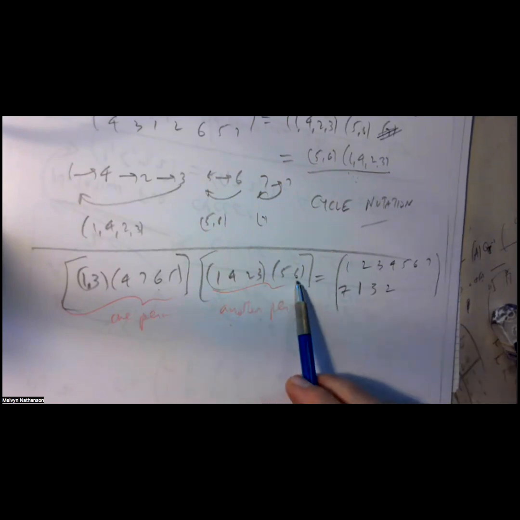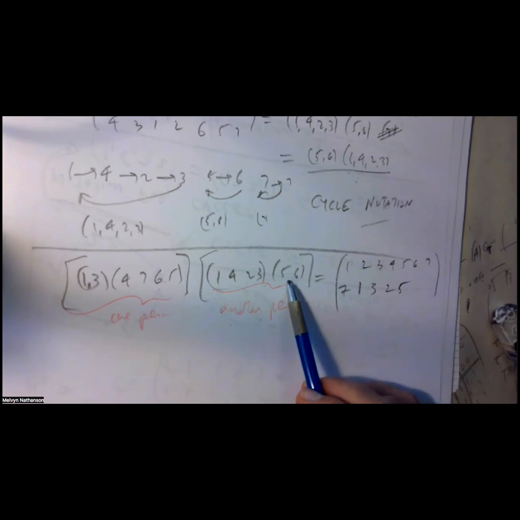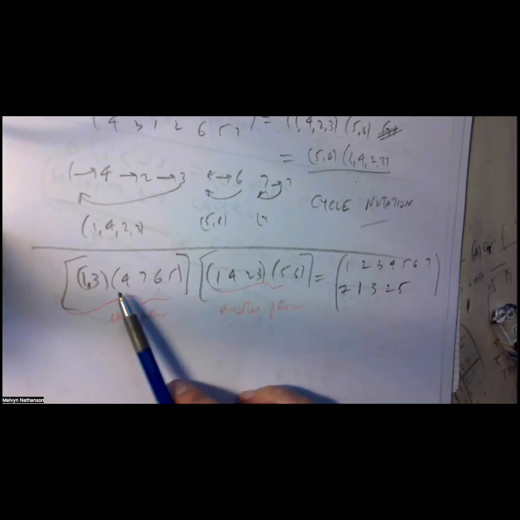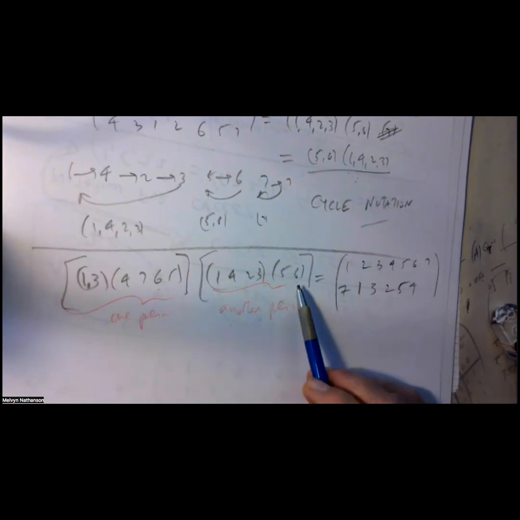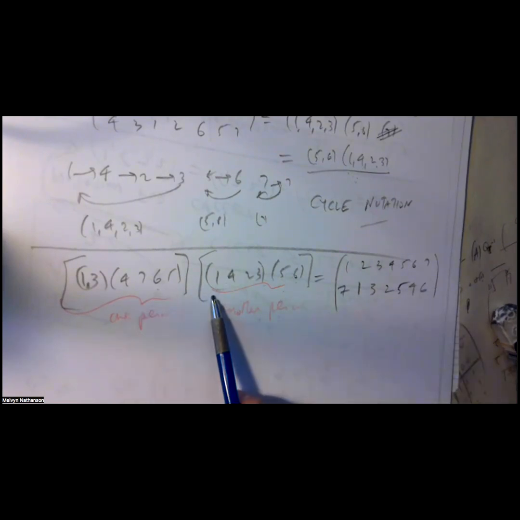This sends 5 to 6, and this sends 6 back to 5. This sends 6 to 5, and this sends 5 to 4. You don't see a 7 here. That means 7 just stays at 7, and this sends 7 to 6. So the product of these two permutations is this permutation.